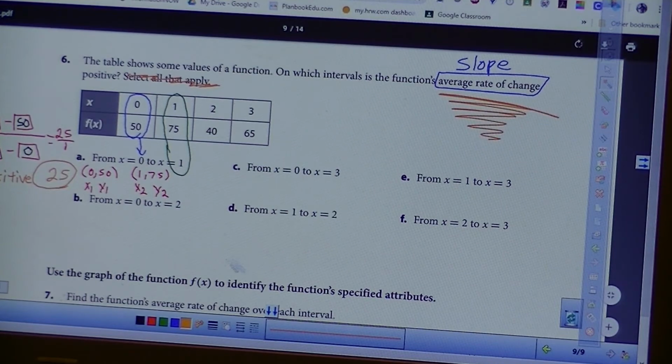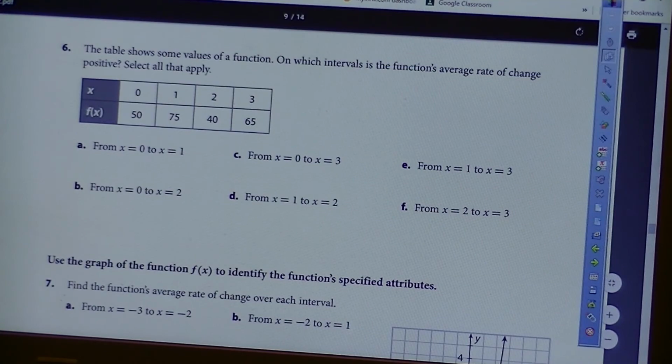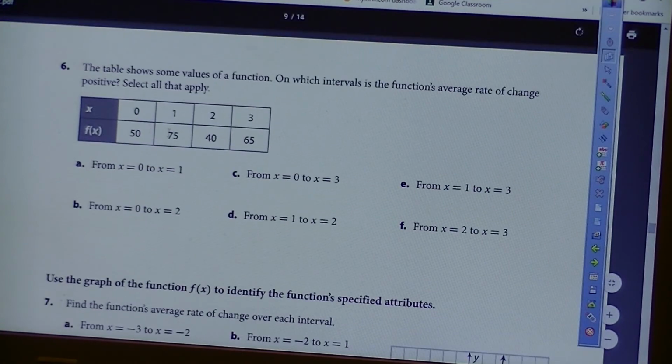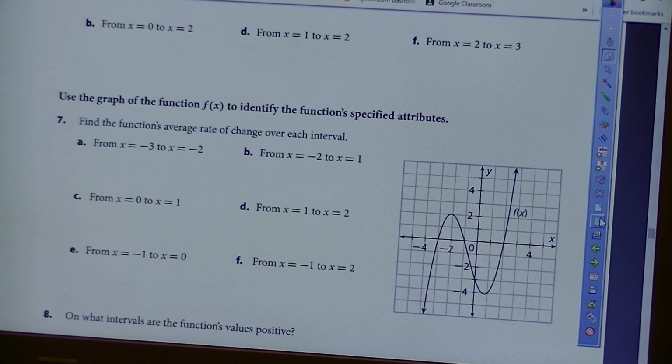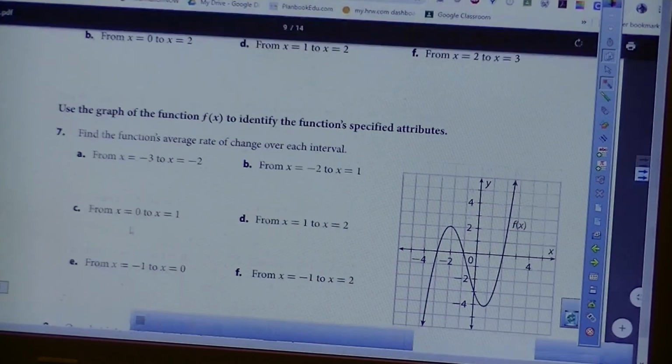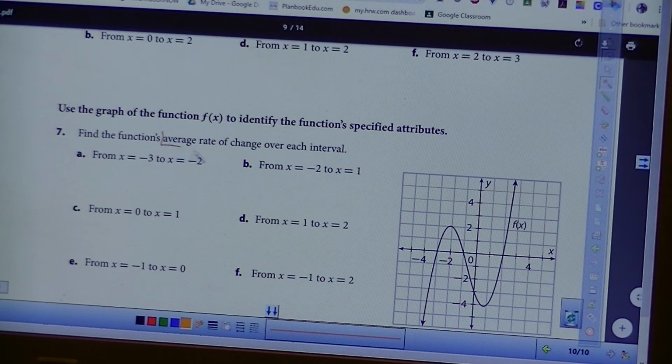Now here on the next part, it's the same idea, except instead of giving you a table, they gave you a picture. Again, this is average rate of change, so that's code for slope. They gave me x equals -3. Well, where does x equal -3? Right here.